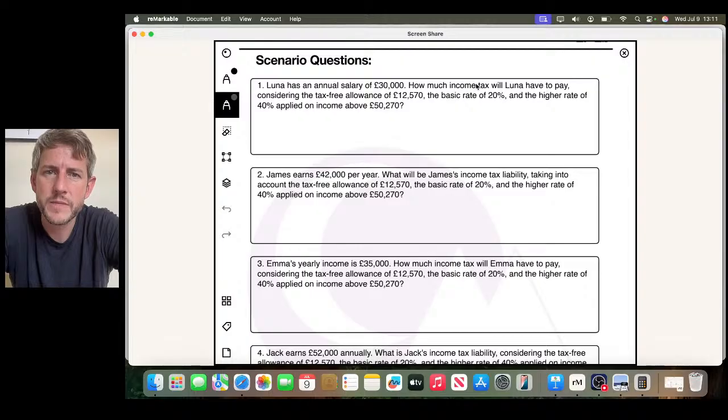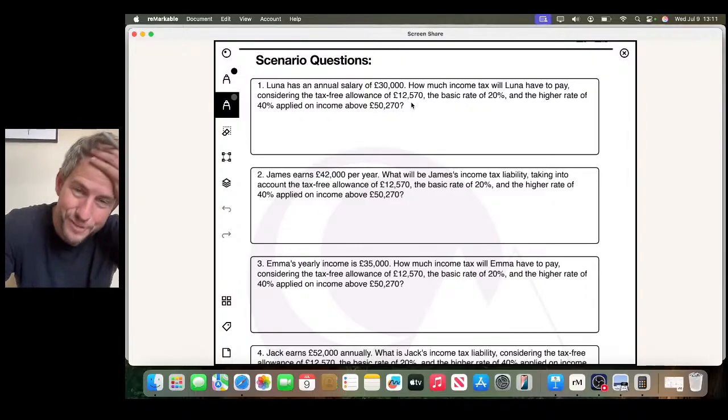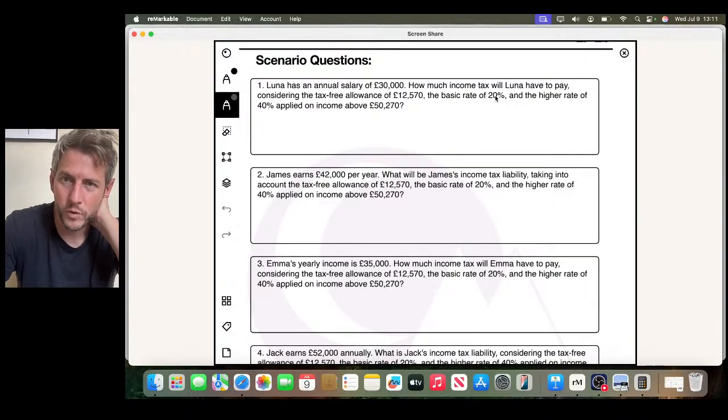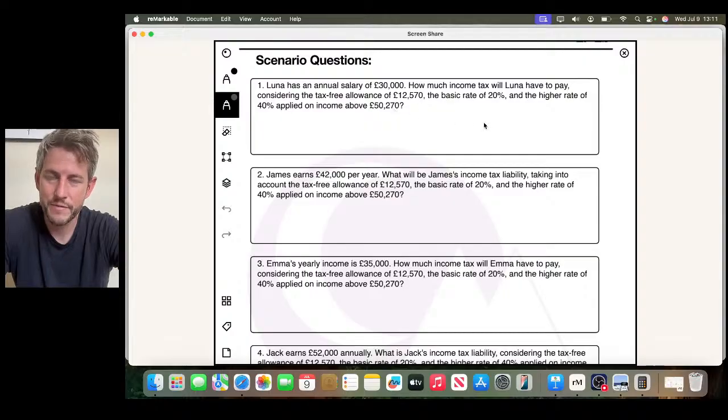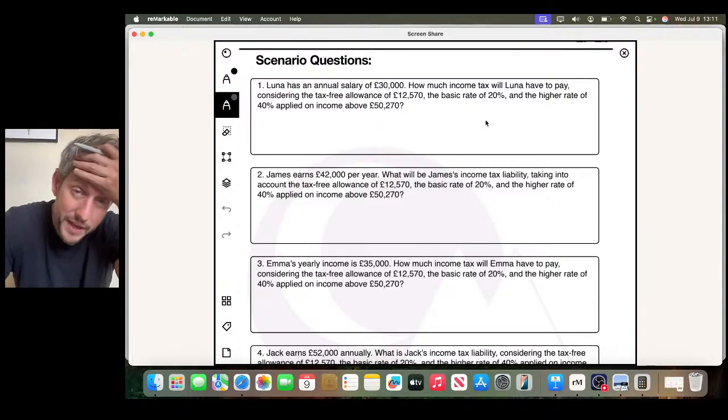How much income tax will Luna have to pay considering the tax-free allowance of £12,570, the basic rate of 20%, and the higher rate of 40% applied on income above £50,270?